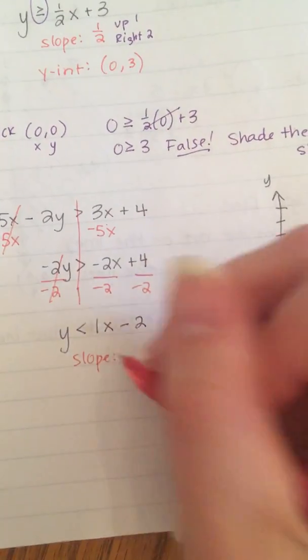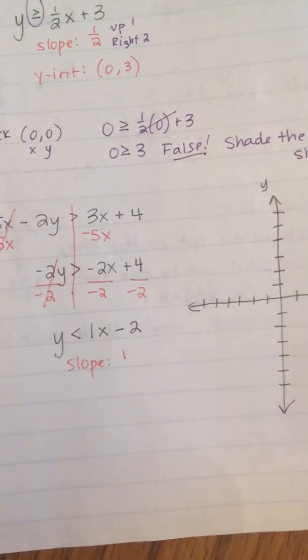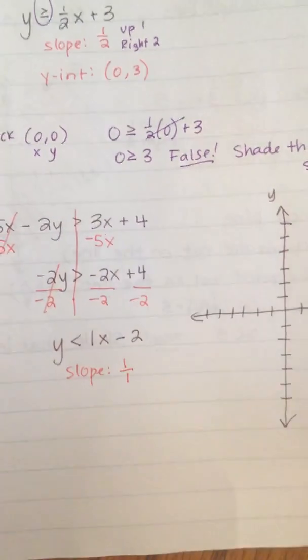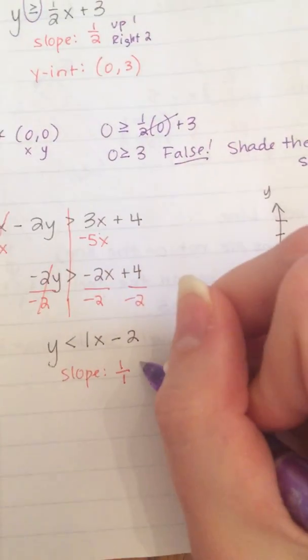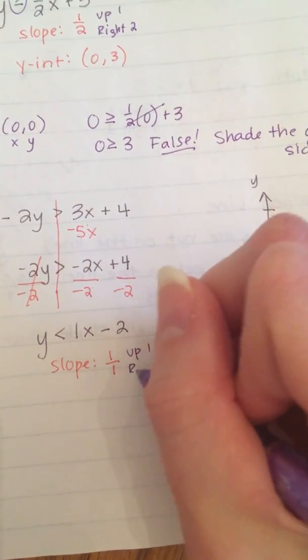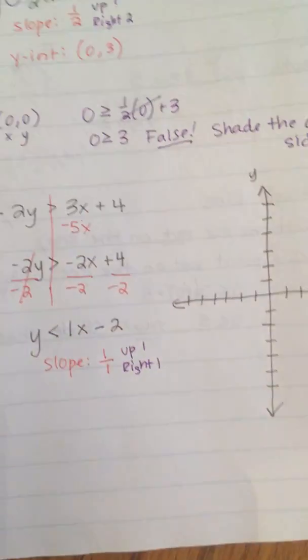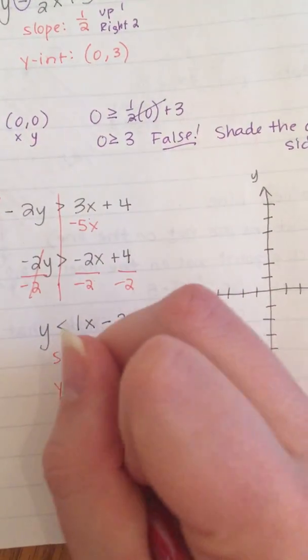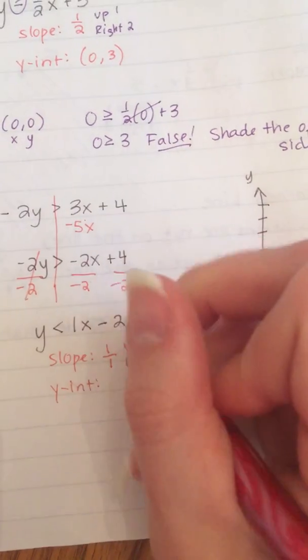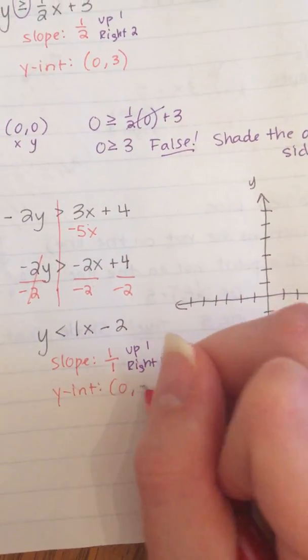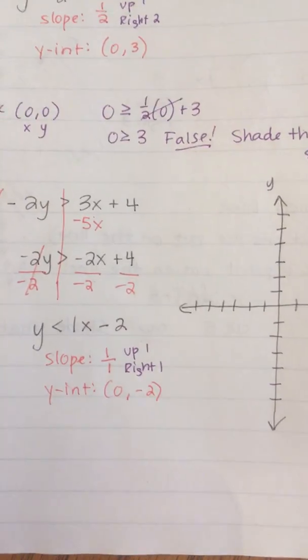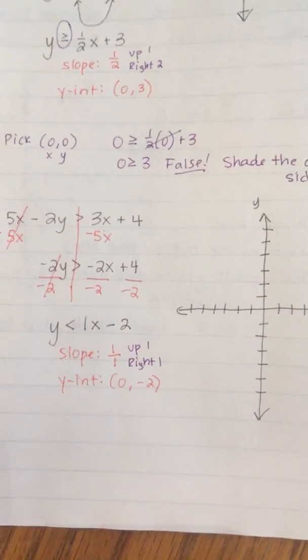We can jot down the slope, which is going to be 1, but we can make that into a fraction by putting it over 1. So that means our movement is going to be up 1, to the right 1. And then our y-intercept is going to be negative 2, but I'm going to write it as an ordered pair, 0, negative 2. Okay, so let's go ahead and start graphing that.